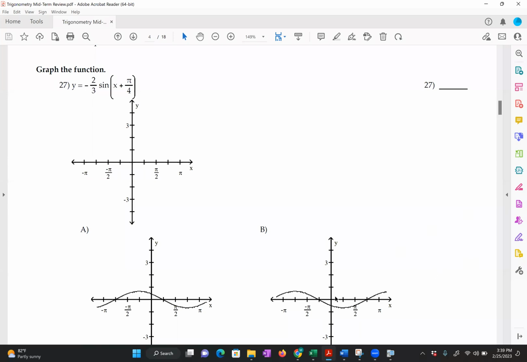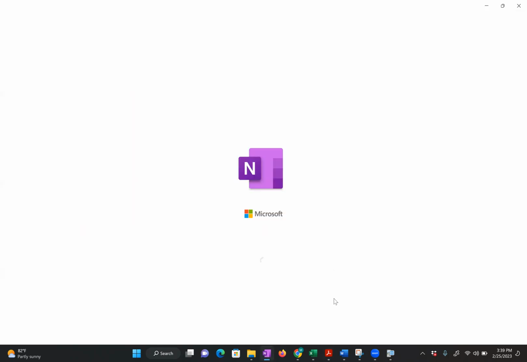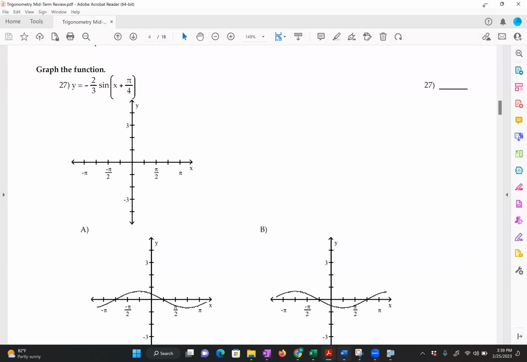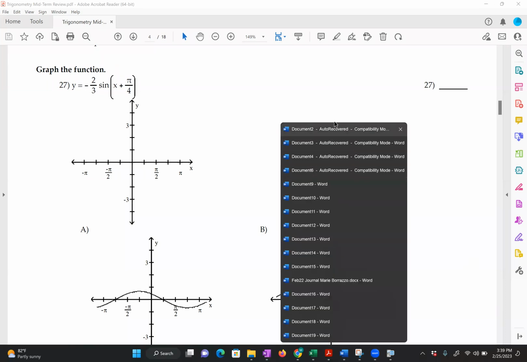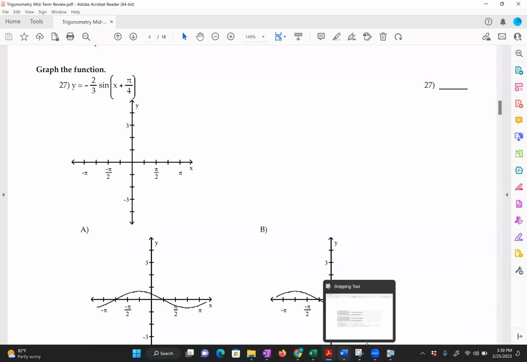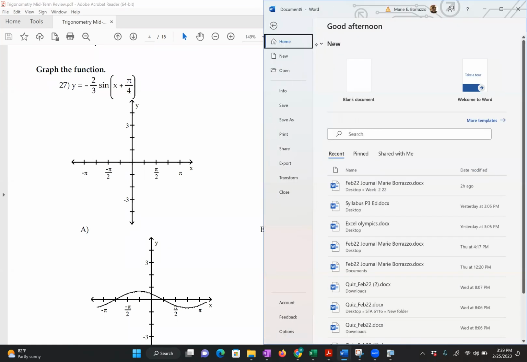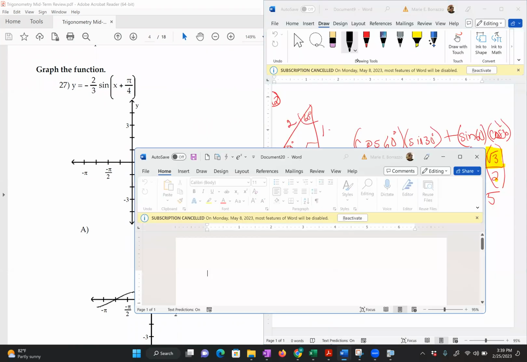You can also notice that instead of a traditional sine graph... Let me open a Word doc. I'll go to File, New. All right.